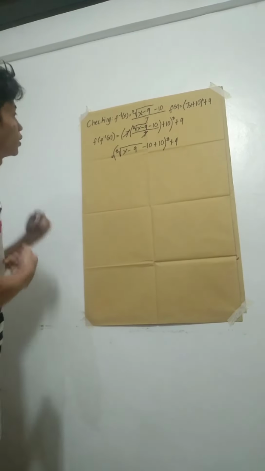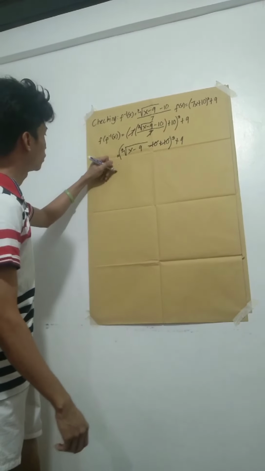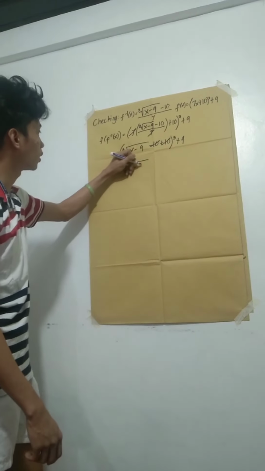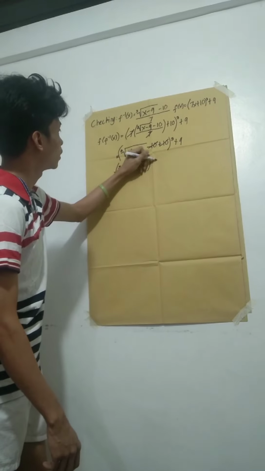So next step, we're going to cancel this out. So that is equal to the cube root of x minus 9, plus 9.